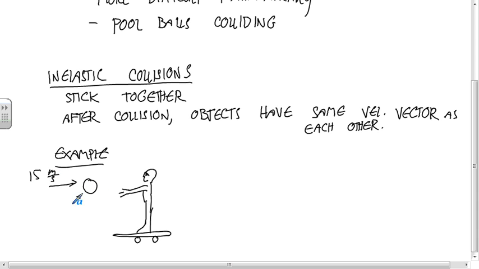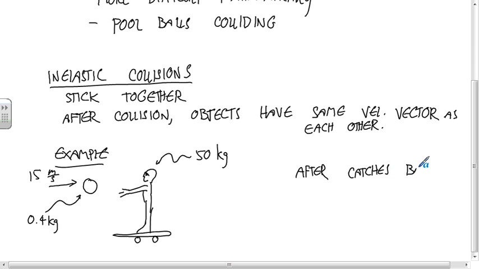And let's say that the ball has a mass of 0.4 kilograms and the person has a mass of 50 kilograms. Then after this person catches the ball, what's the velocity of the man and the ball together?